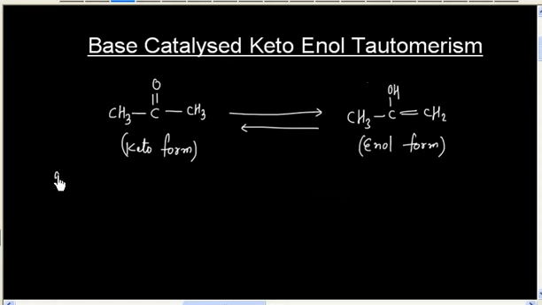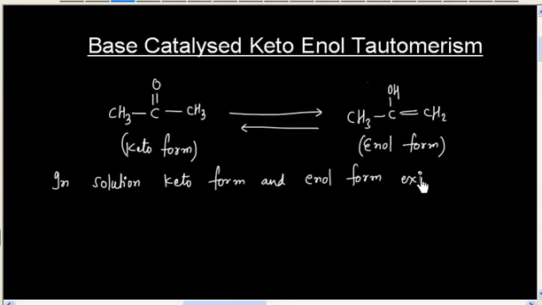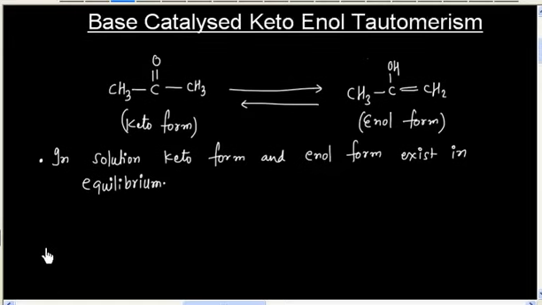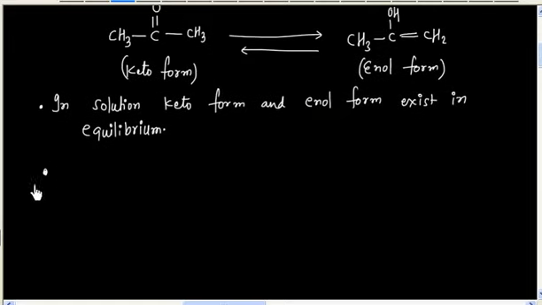So in solution, keto form and enol form exist in equilibrium. And this process of equilibrium is called keto-enol tautomerism.